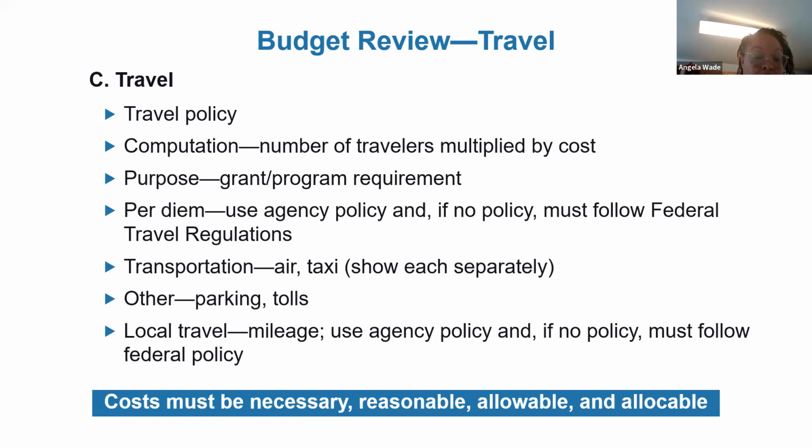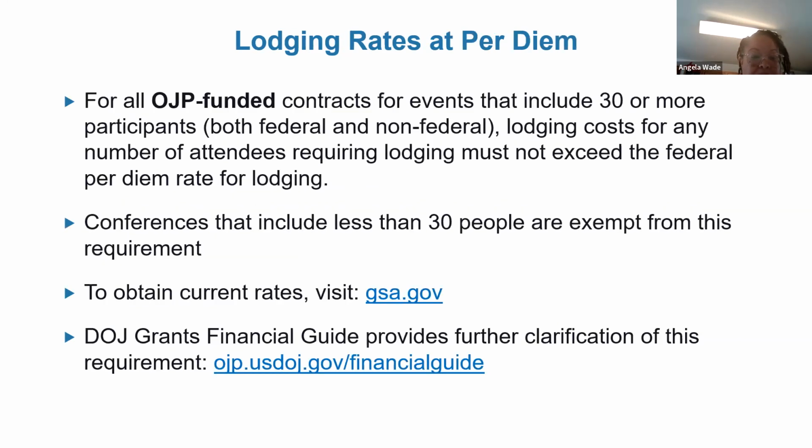Any of your local travel, you want to list those out separately: parking, tolls, etc. And for local travel, you also want to make sure that you tell us what local travel policy you are following, whether it's yours or the federal government's. One thing you want to be mindful of, if you do have air travel, you want to make sure that you include any baggage fees that are being charged as well. Next slide, please.